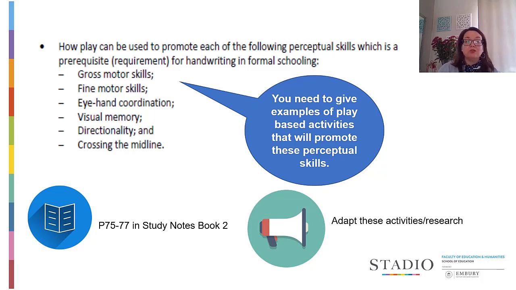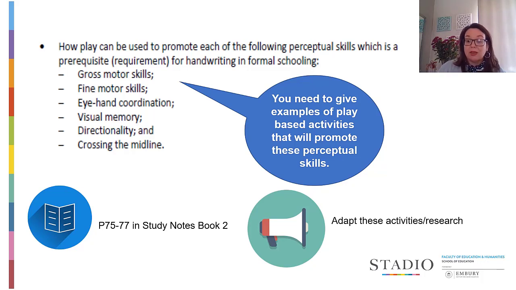If we look at gross motor skills, a child must be able to sit up with a very good body posture. Fine motor skills, the child must be able to keep the pencil in their hand. They must be able to manipulate their hand. Hand-eye coordination. When they form the letter, their eye and their hand must work together.